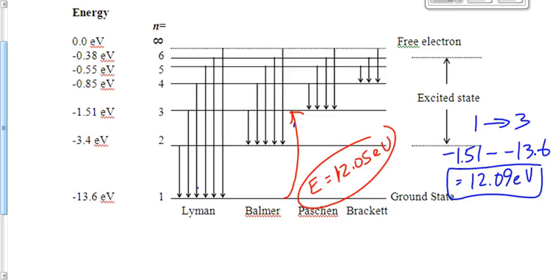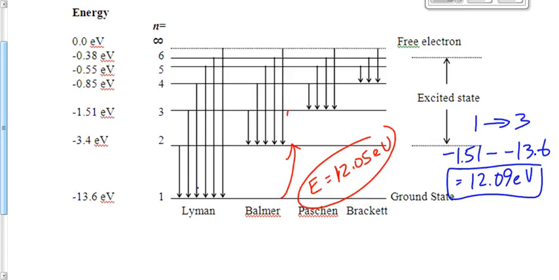Okay, if I need 12.09 to go to here, and I only have 12.05, I've got way more than enough energy to go there. Way more than enough. But that's as far as I can go, because I can't go to the next level without having a little bit more energy. It doesn't have to match up perfectly. The energy difference between level 1 and level 2 is 10.2 electron volts.